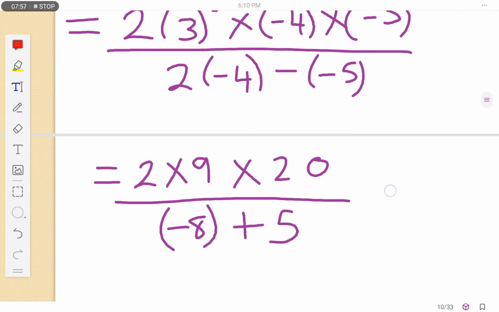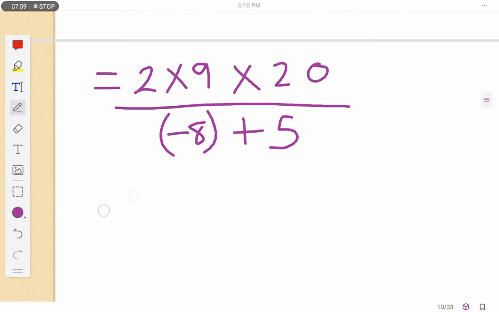Let's simplify. 2 times 9, we get 18. 18 times 20, we get 360.